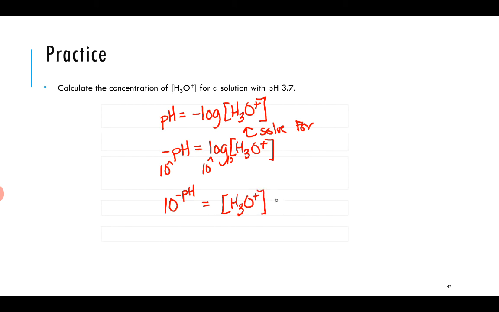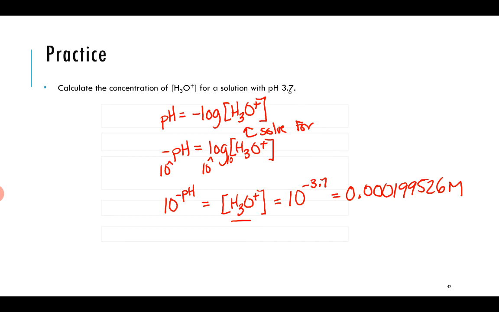So my H3O plus will be equal to 10 to the negative 3.7 power. So let's do that. 10 to the minus 3.7 is equal to 0.000199526. And now I'm looking for a molarity, and so I need to remember to put my unit.